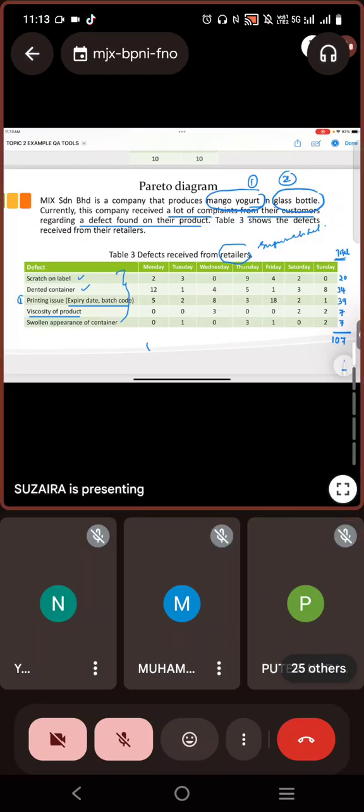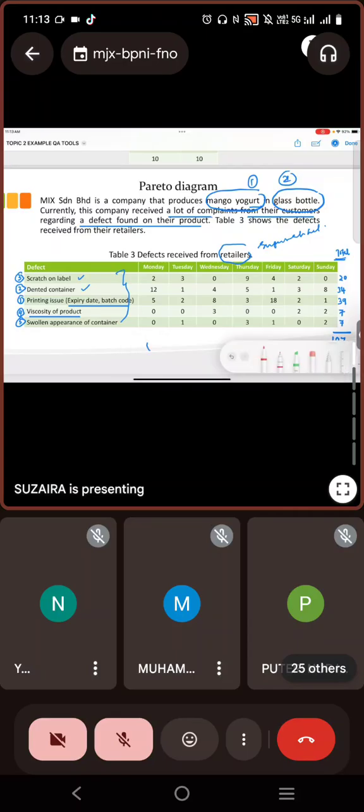Number two would be dented container. Number three would be scratch on label. Number four and five, viscosity and swollen appearance. All right, so now what we need to do is calculate the percentage for each of the defects.